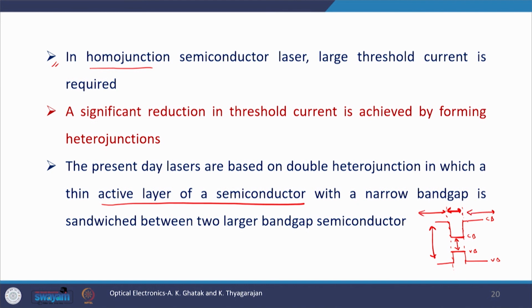Now, the conduction band lower edge of this material is different from this material, and similarly the valence band edge of this material is different from this material. Due to this difference, the conduction band of the thin active layer of semiconductor is closer to the valence band, and therefore, this energy gap is smaller.